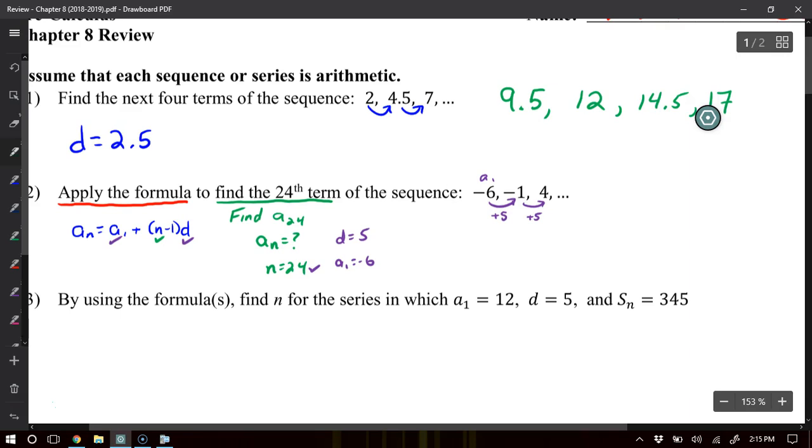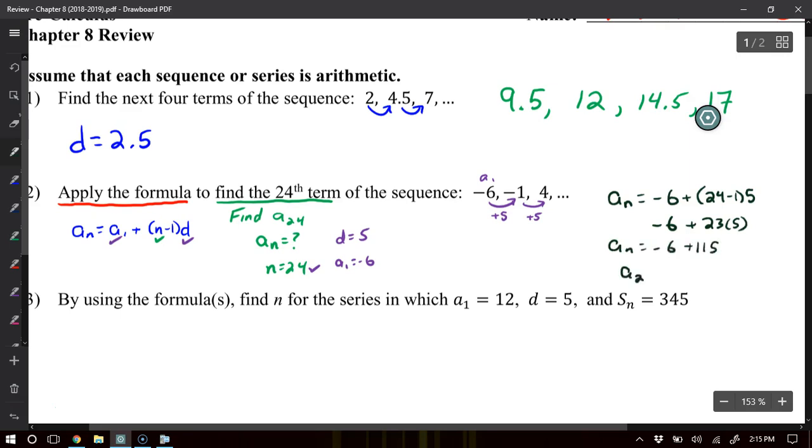So I want to find a sub n when a1 is negative 6. The term I'm looking for is the 24th term, so 24 minus 1. And then I'm going to multiply that by 5, my difference. So really it's negative 6 plus 23 times 5. In that case, I get negative 6 plus 115.